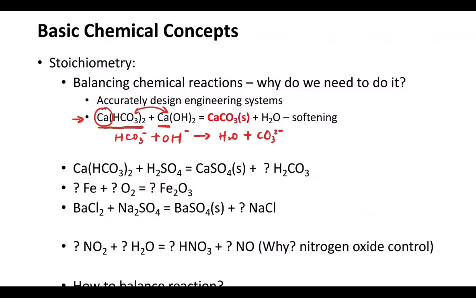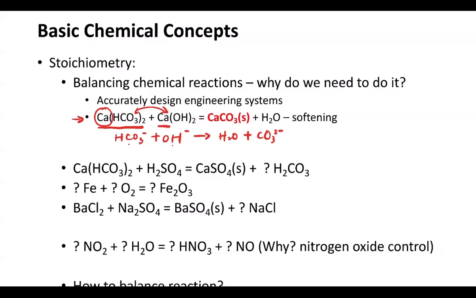Okay, so these two ions are going to react at a 1-to-1 ratio. Whenever you have one bicarbonate ion, it's going to react with one OH, or hydroxide ion, and you're going to form one water and one carbonate ion. So because of that, we know that these two should always have the molar ratio of 1-to-1, right?